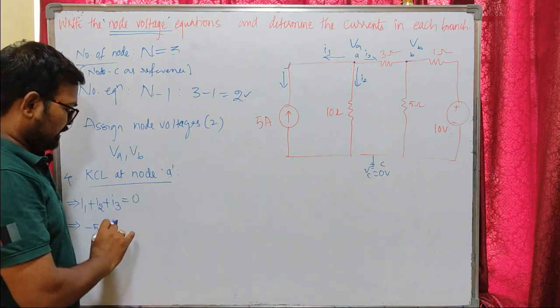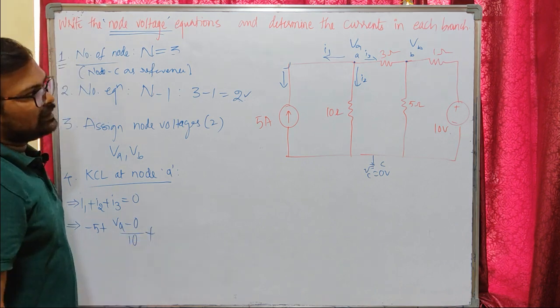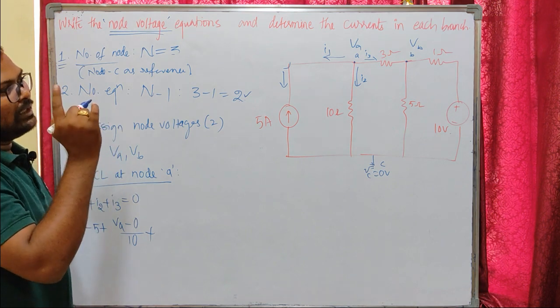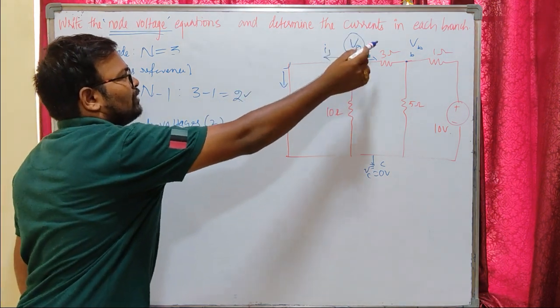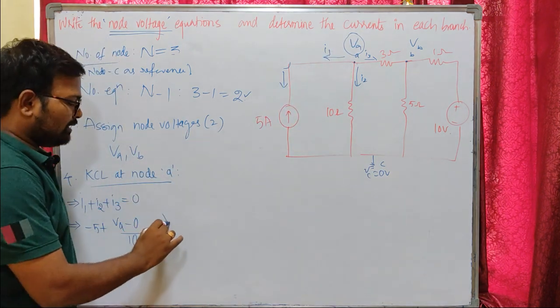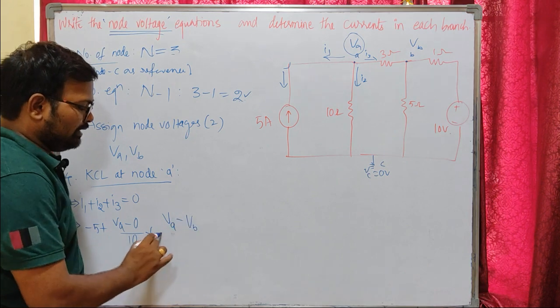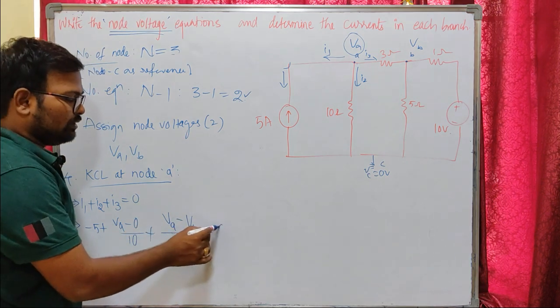So VA minus VC is 0 volts by 10 ohms, plus I3, the current flowing between VA and VB with resistance 3 ohms. Here we are applying KCL at node A, so the voltage VA should be higher compared to VB. VA minus VB by 3 will be our current I3. This must be equal to 0.